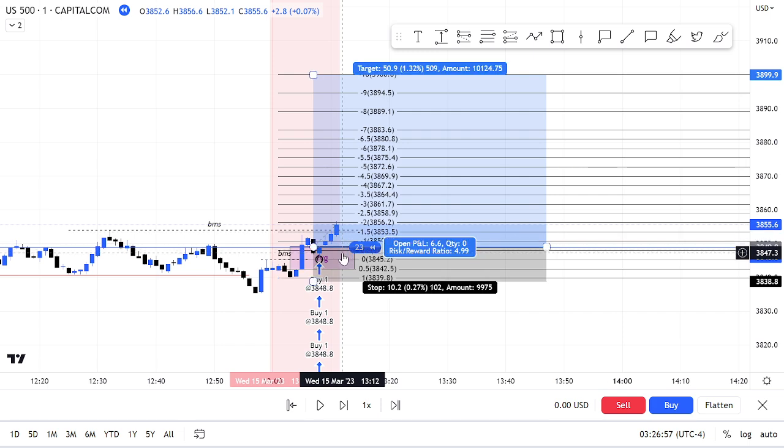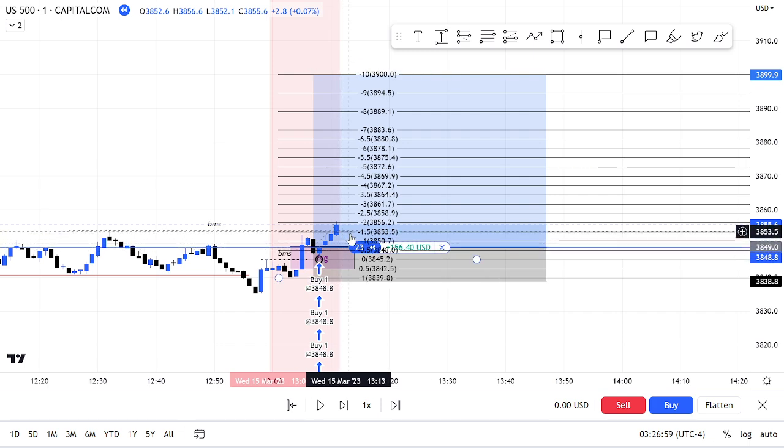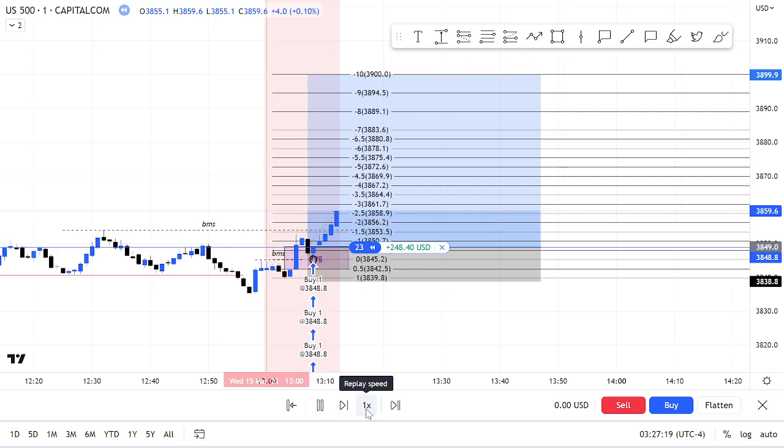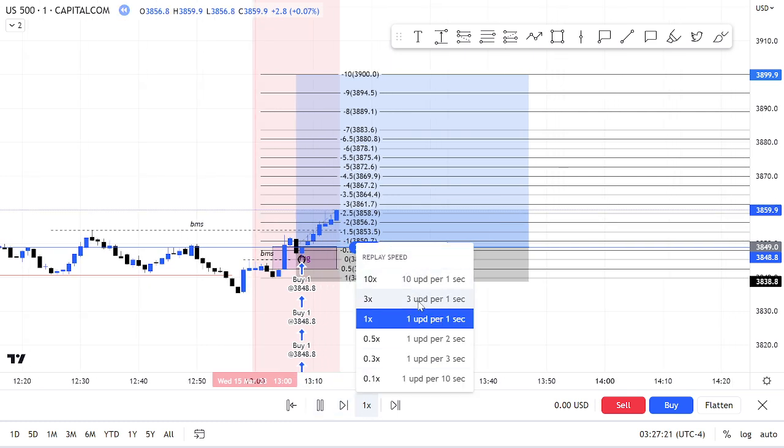From 0 to negative 0.5 to negative 1.5, so this will be my entry right there. So let's see what price does after that.